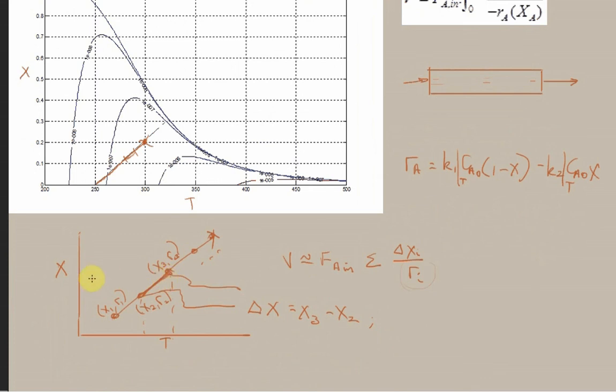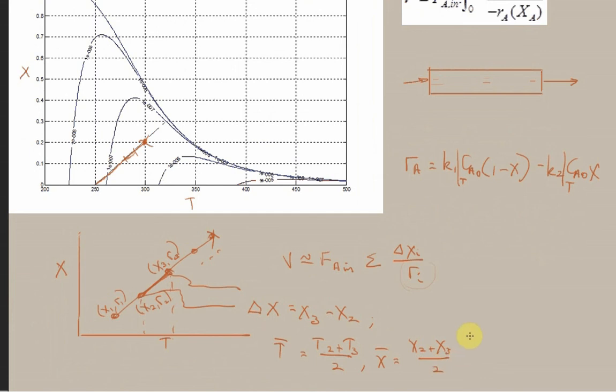conversion over that range. So if we take simply the linear average over that, so that's just T2 plus T3 over 2, and average conversion like that, x2 plus x3 over 2.